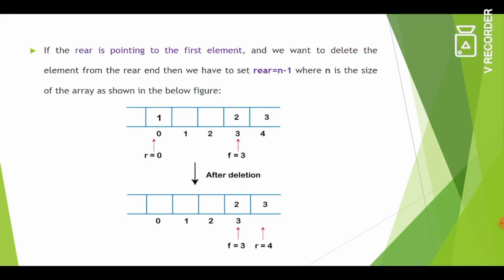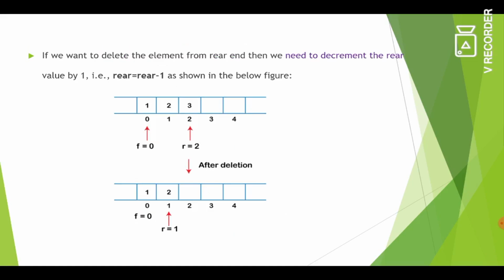Similarly, if the rear is pointing to the first element, what is the case? If I want to delete the element from the rear, you have to set rear equal to n minus 1. If I want to delete the first element, what is the normal procedure? I have to decrement the rear value by 1.